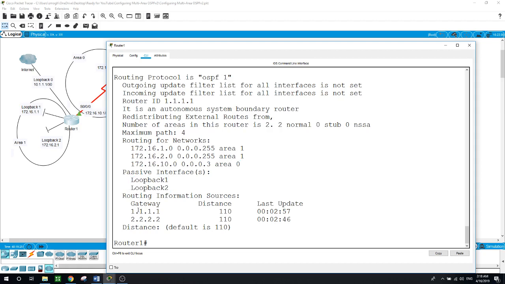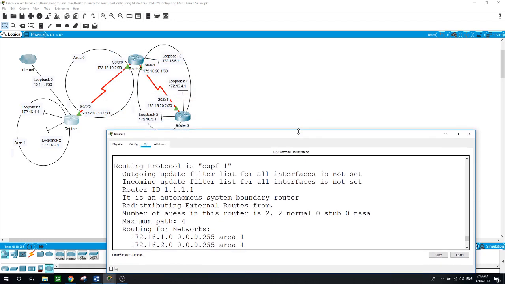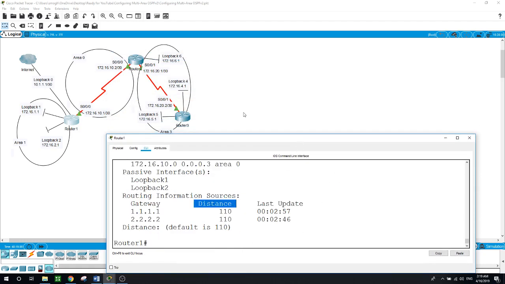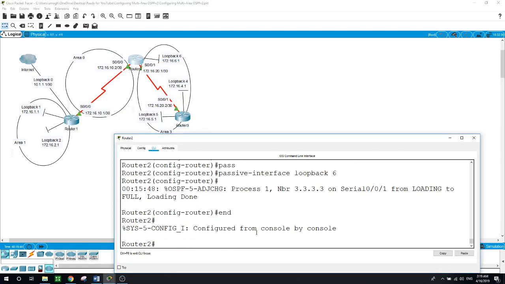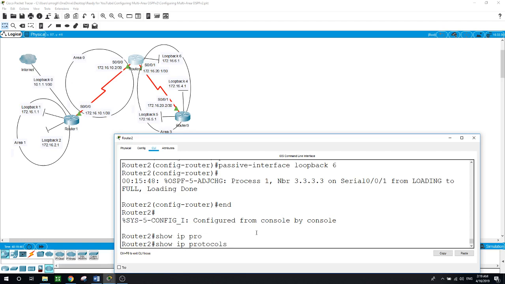The gateway is on router 1, this router ID, and the distance is 110. This gives us good information about the protocol being used here. And on router 2, show ip protocols.